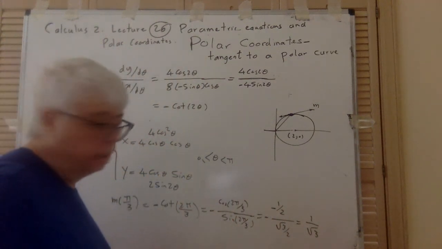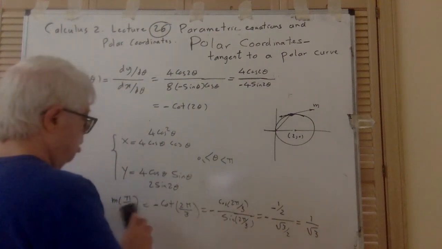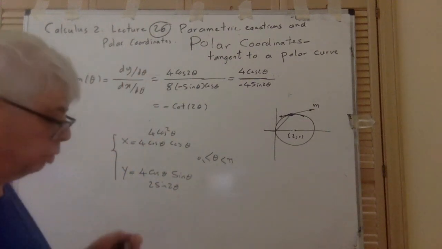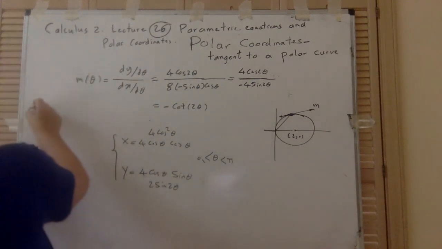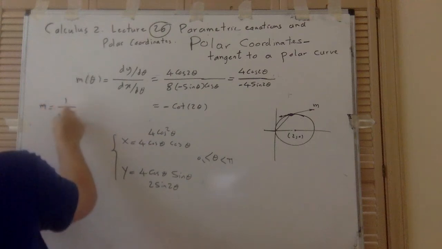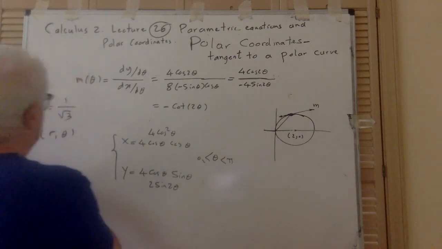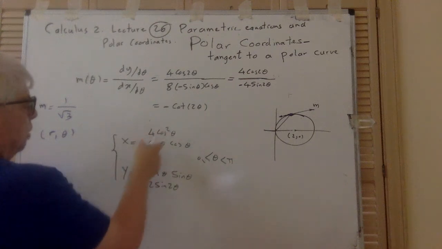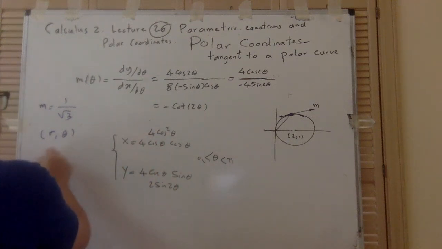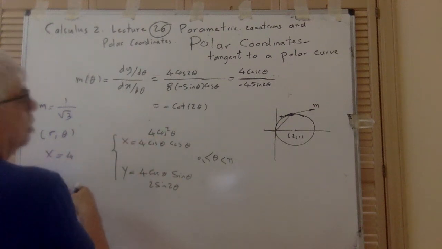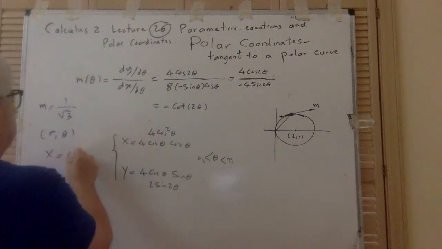So I found m to be 1 over square root of 3. Now the point is (r, theta), and the rectangular form will be this. If theta is pi over 3, x will be 4 cosine squared of pi over 3. Cosine of pi over 3 is 1/2, squared.